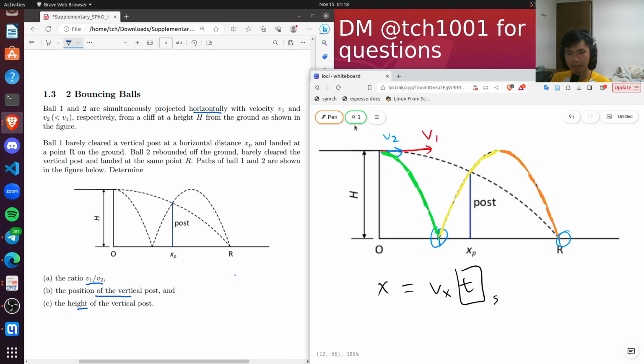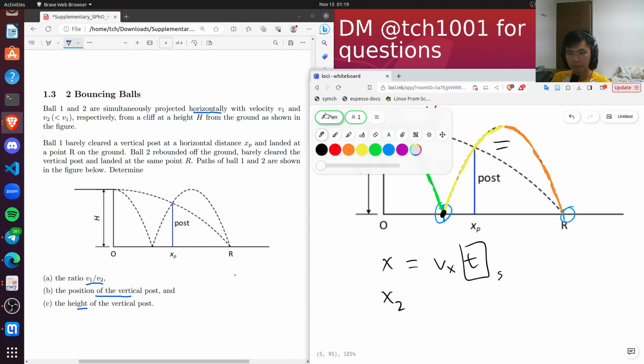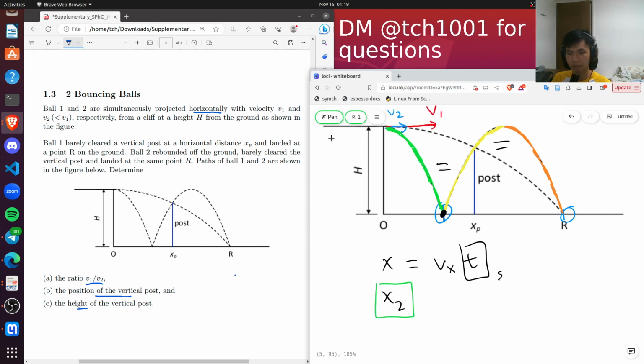So the green path's horizontal displacement equals the yellow path's horizontal displacement equals the orange path's horizontal displacement. The displacement for the second ball, the green path alone, which I'm going to highlight in green, is equal to 1/3 of r, because the green plus the yellow plus the orange is the total r, and all of them are the same.